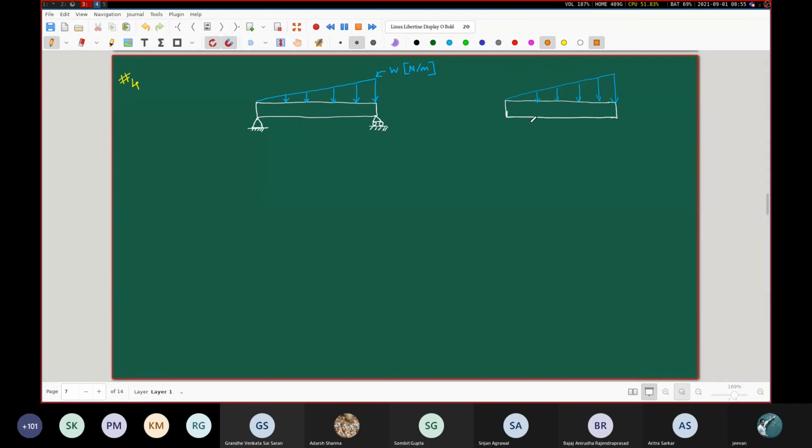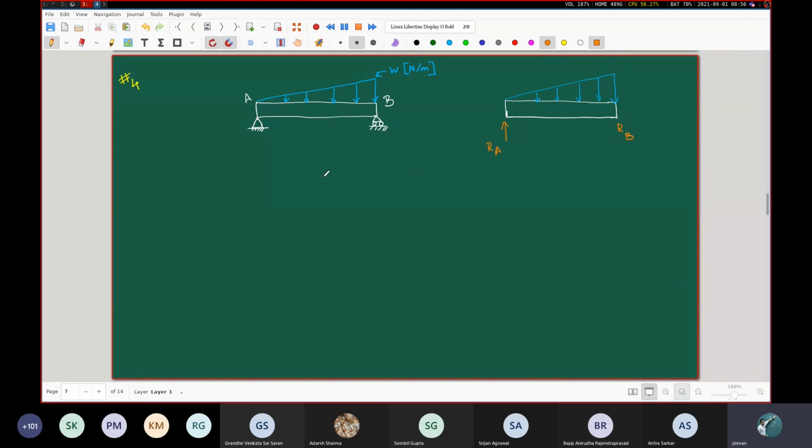There will be some reaction force here. Let's call these A and B, and let's call this RA and this RB.